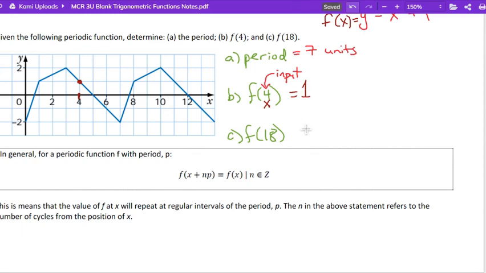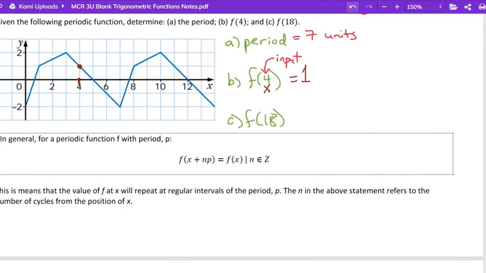Now f of 18 is not as easy because we don't have this graph. So what we must do is keep in mind the period. Every 7 units, the period repeats. So every 7 units, the y value is identical. So if we take this function, I can also write it as 18 minus 7.